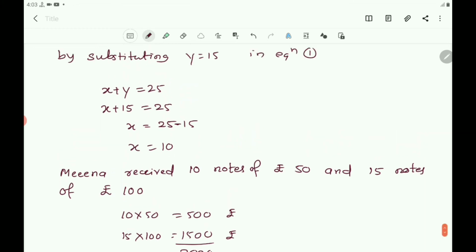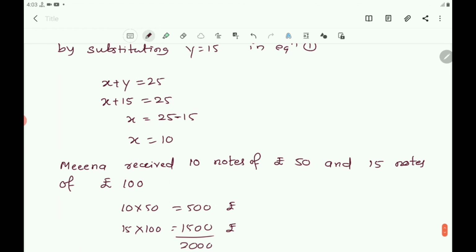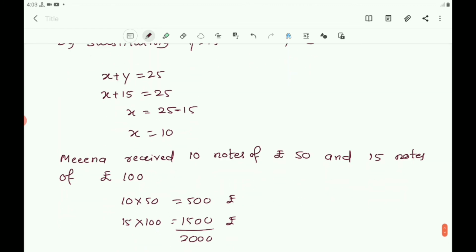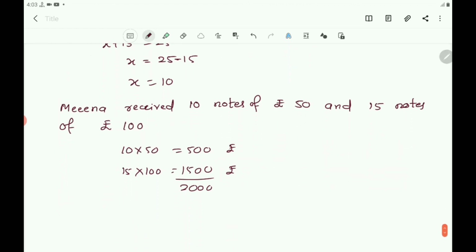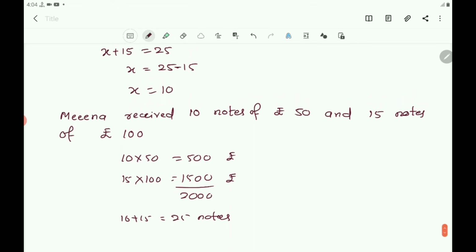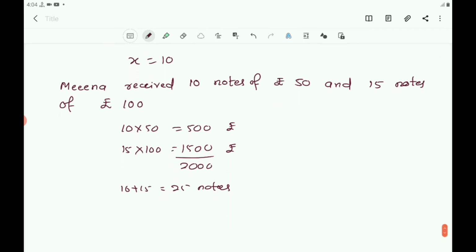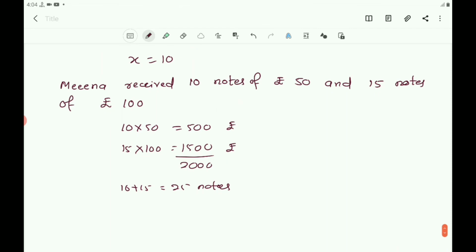And first condition, totally how many notes she got? 10 plus 15, 25 notes totally. So she got 10 notes of 50 rupees and 15 notes of 100 rupees.